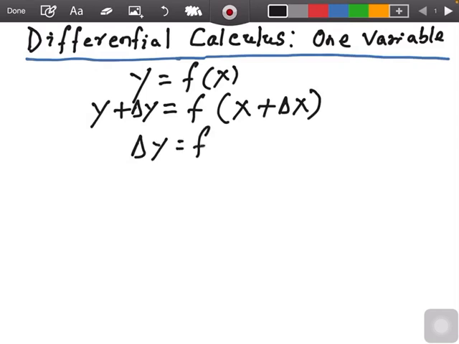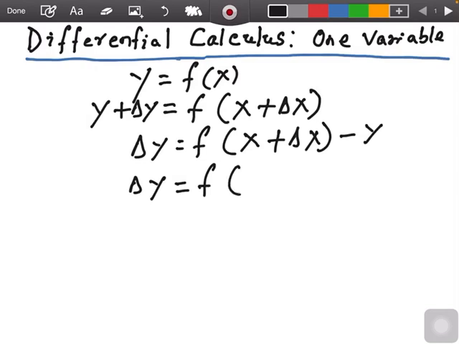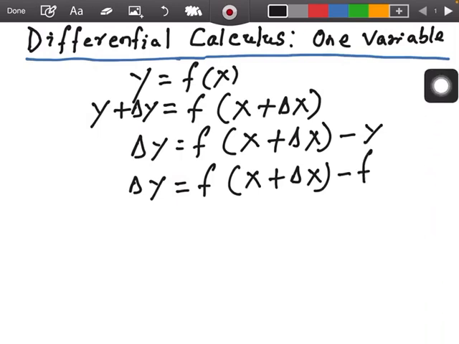Taking y to the right side, delta y is equal to f of x plus delta x minus y. So delta y will be f of x plus delta x minus f of x, because y is equal to function of x.